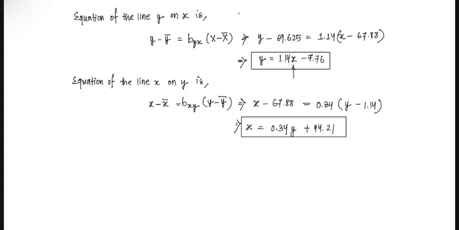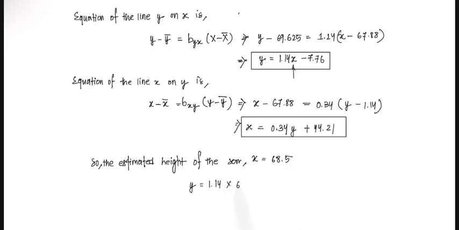So the estimated height of the son is y equal to 1.14 multiplied by the given father's height, 68.5, minus 7.76.